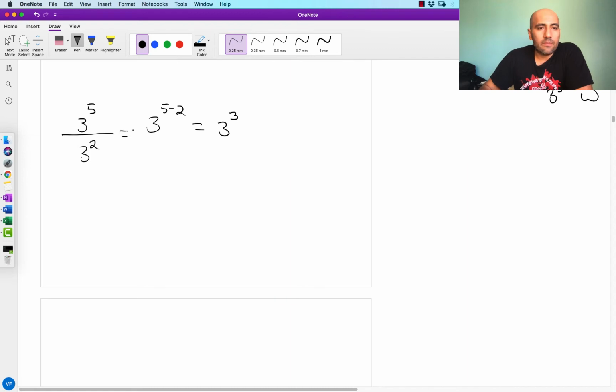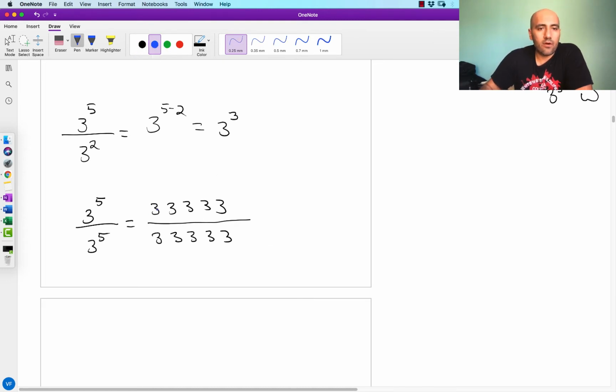Good. Okay, so keeping that rule in mind, think about what happens when we have something like 3 to the power of 5 divided by 3 to the power of 5. If we ignore the rule for a second, we can just expand out the 3s. That's 3, 3, 3, 3, 3, 1, 2, 3, 4, 5 of them. And then in the denominator, we're going to have 1, 2, 3, 4, 5 of them again.